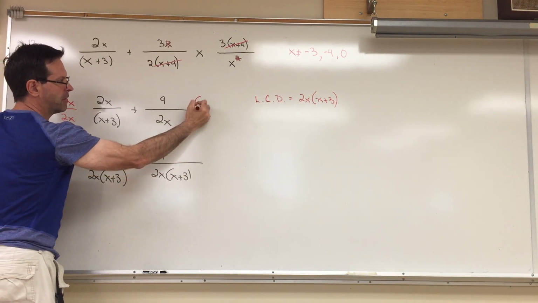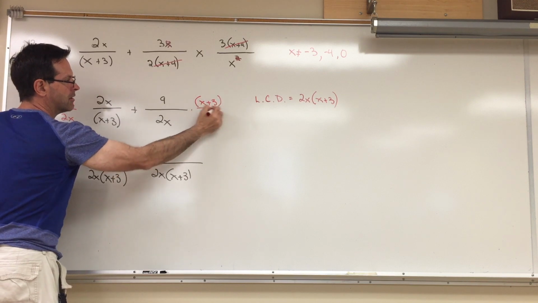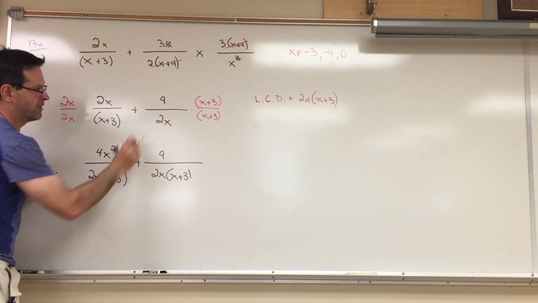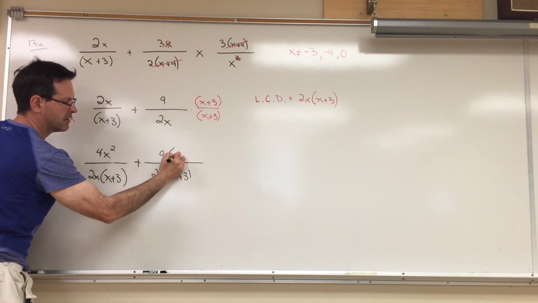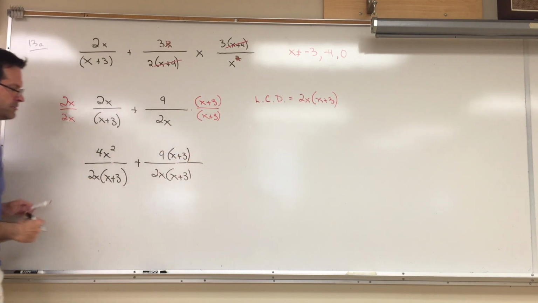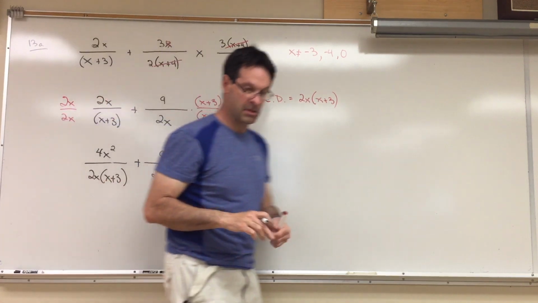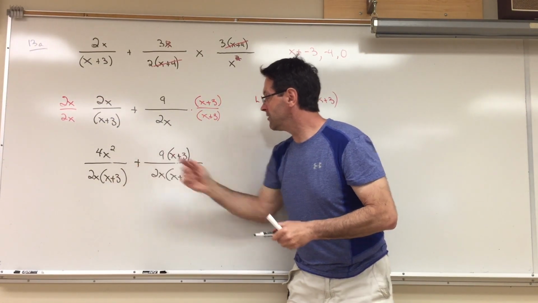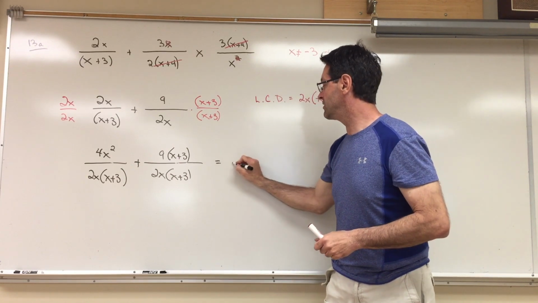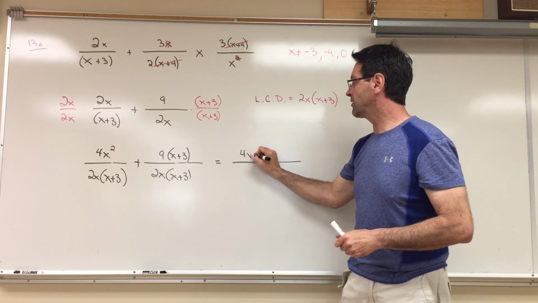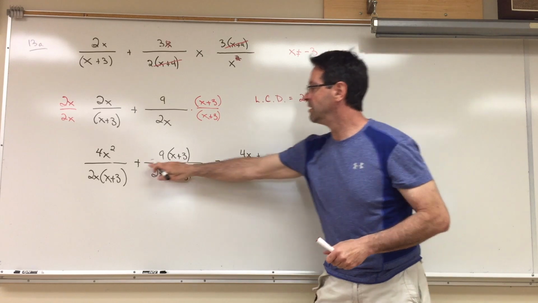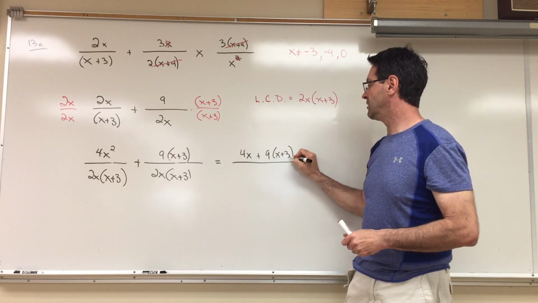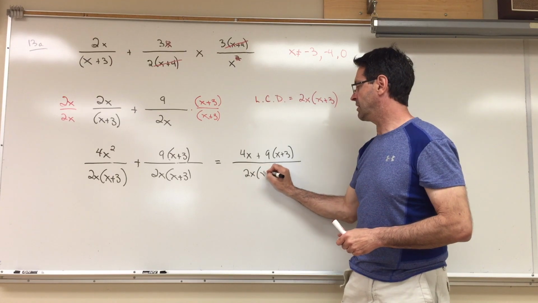So we're going to multiply top and bottom by x plus 3, so we end up with 9 times x plus 3. We've got a common denominator now, so let's add the numerators over one of the denominators: 4x squared plus 9 times x plus 3, all over 2x times x plus 3.